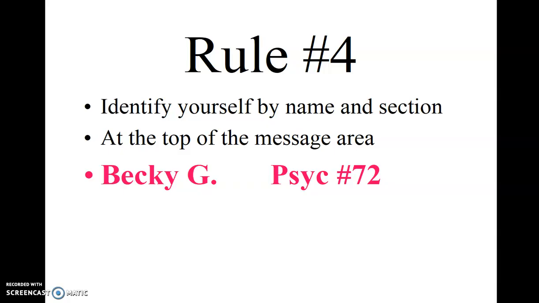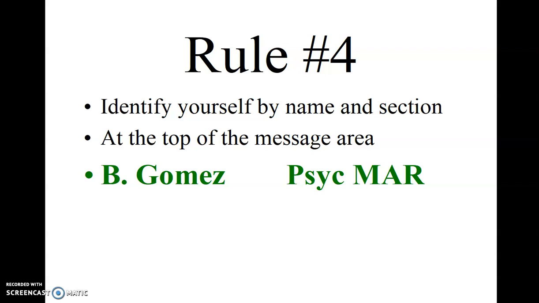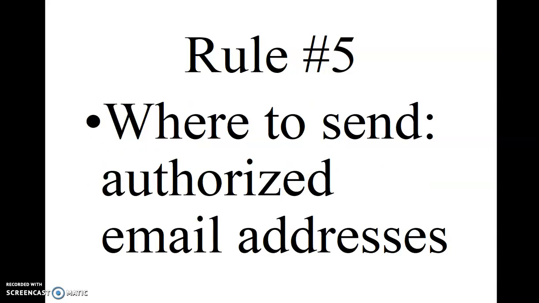And Psych 72, all of my courses have numbers like 70, 71, 72, 73, 74, and that's just confusing. It's better to do it like this with your last name and indicate the month that your section started.